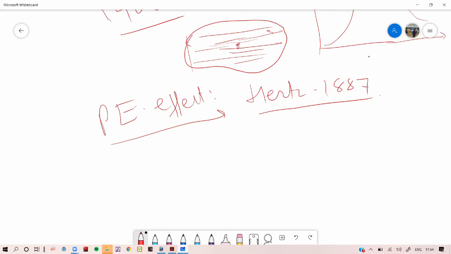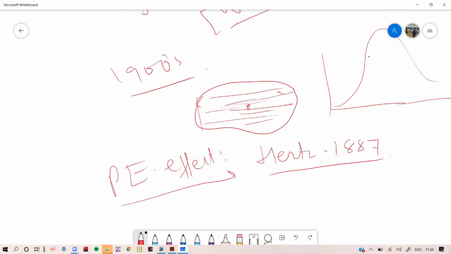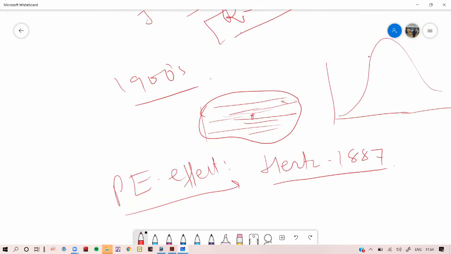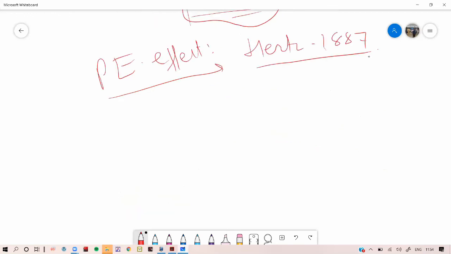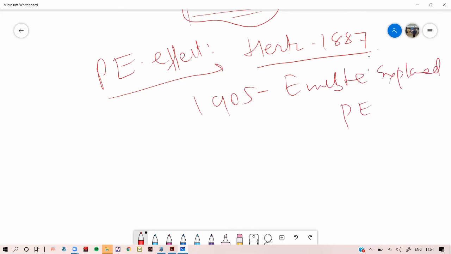Later on, because these experiments were already before Planck's hypothesis, before 1900, when Planck's quantum theory came, it explained most of those experiments. And in 1905, Einstein then explained this photoelectric effect, for which he got the Nobel Prize actually.